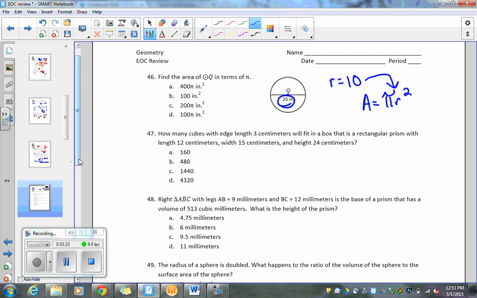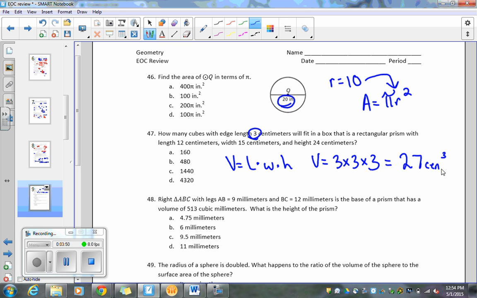Question number 47. How many cubes with edge length 3 centimeters will fit in a rectangular prism? All right, this is volume. Volume is length times width times height. So my volume for my little cube, which is 3 centimeters, is 3 times 3 times 3. That would be a grand total of 27 centimeters to the third power.